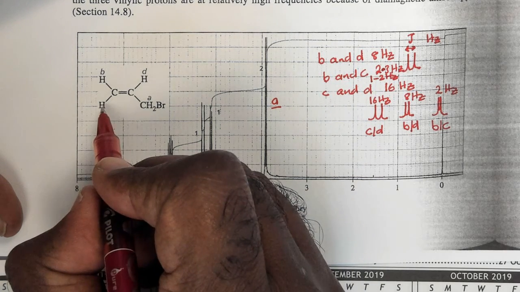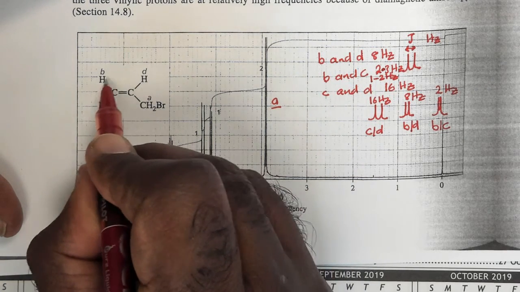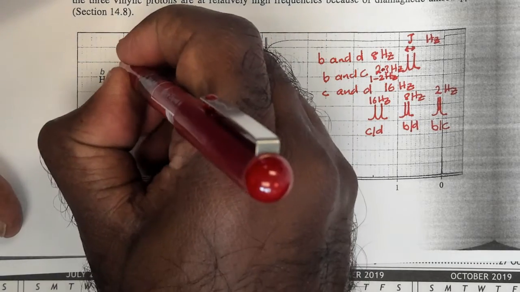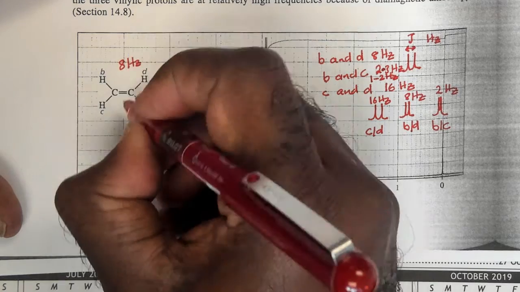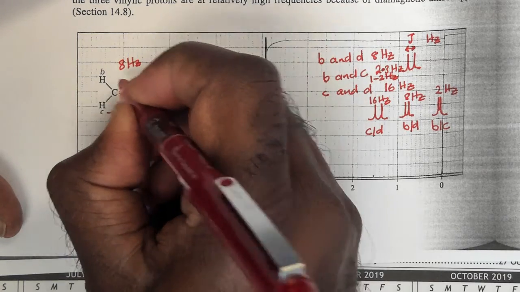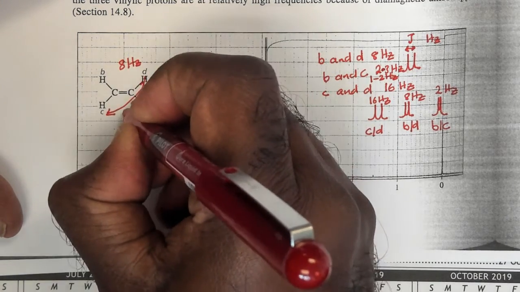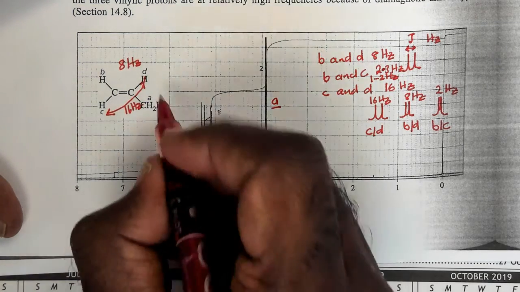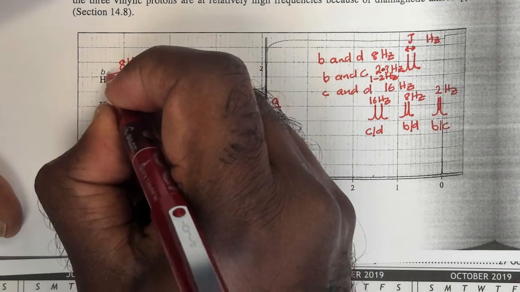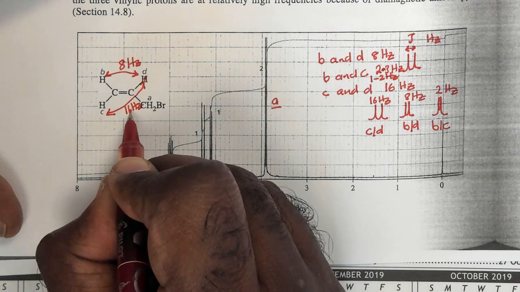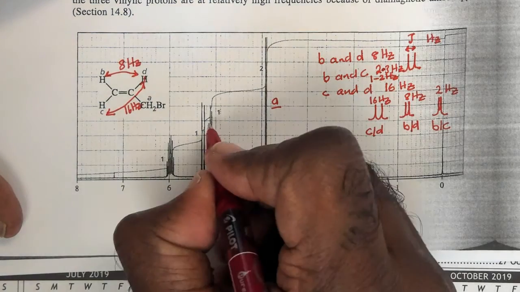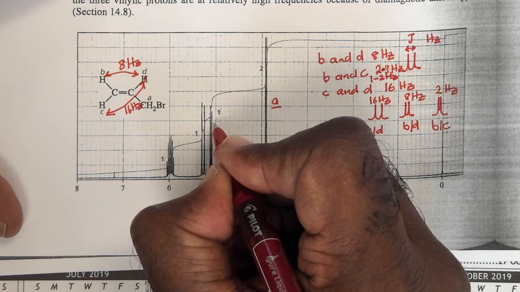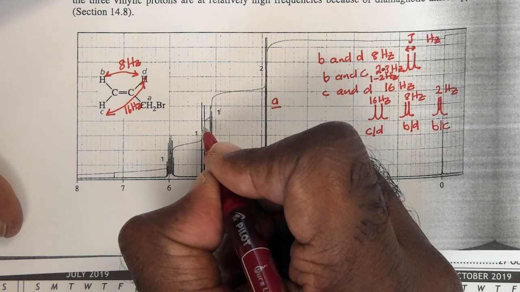So all we're seeing now is the cis coupling and the trans coupling, because those are very large. And B and D would be 8 hertz, as I said, and C and D would be 16 hertz. So one is a bigger coupling constant and one is a smaller coupling constant. If I look at these 2 doublets here, I can see one small coupling constant and one big coupling constant.